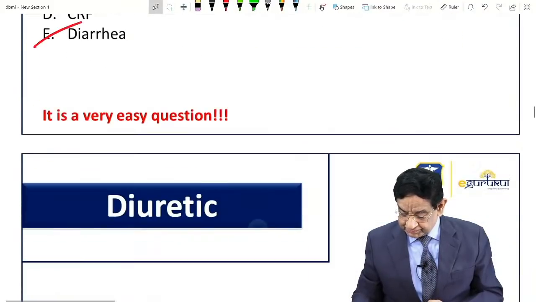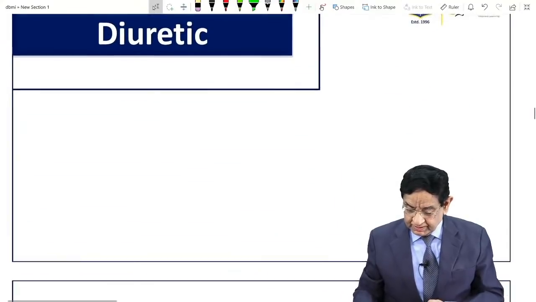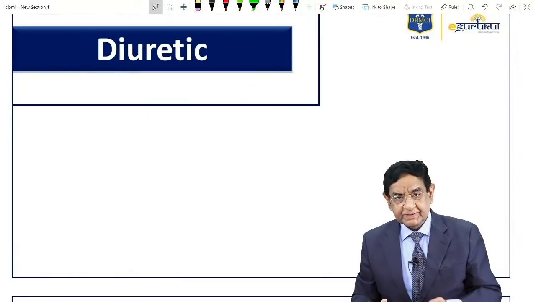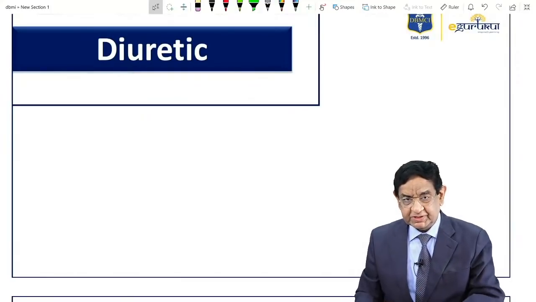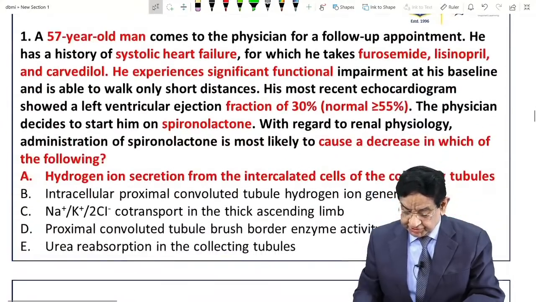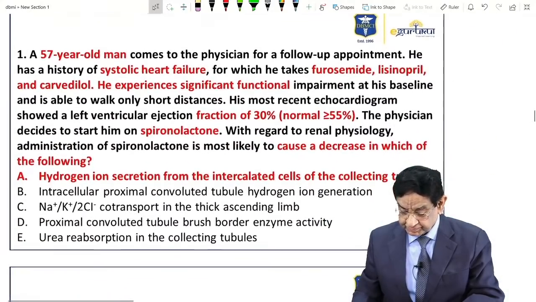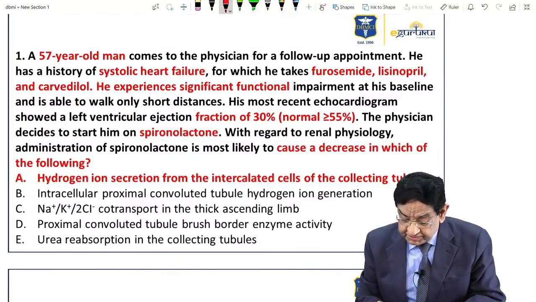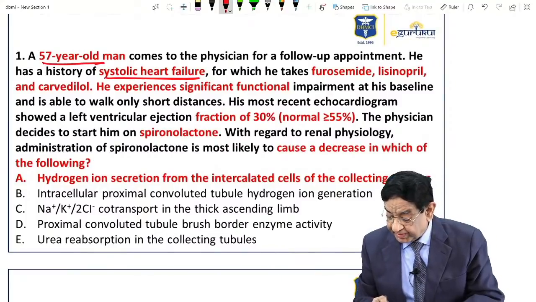So diuretics are the topic of discussion now. I have a question for you. We have a 57-year-old man with systolic heart failure.